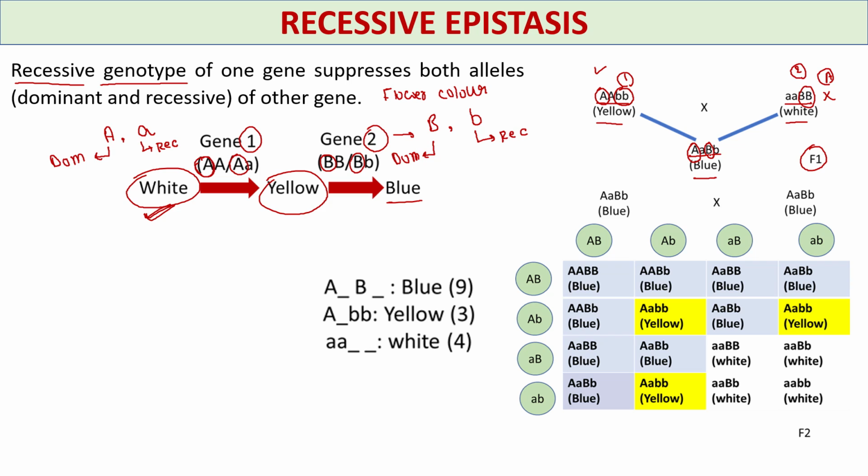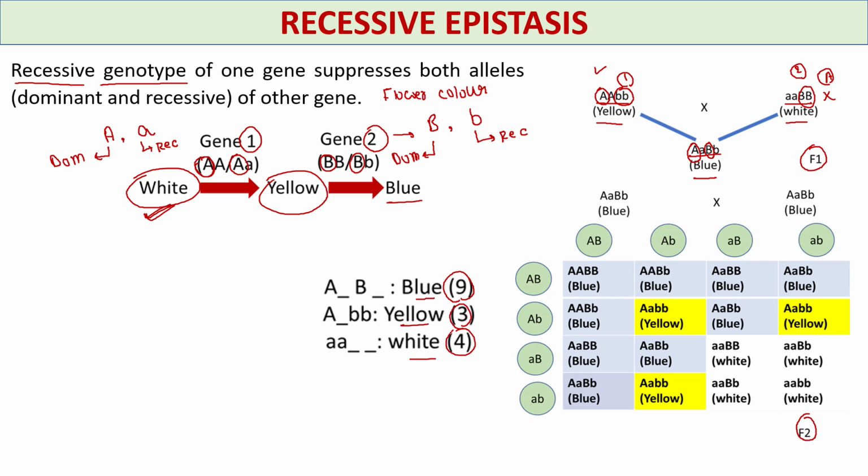If F1 generation offspring are self-crossed, there will be an interesting outcome in F2 generation. 9 are blue, 3 are yellow and 4 are white.